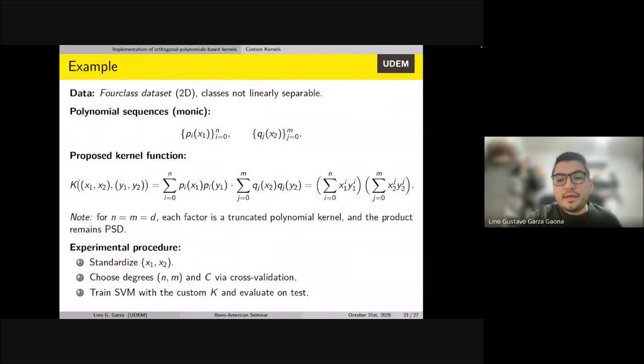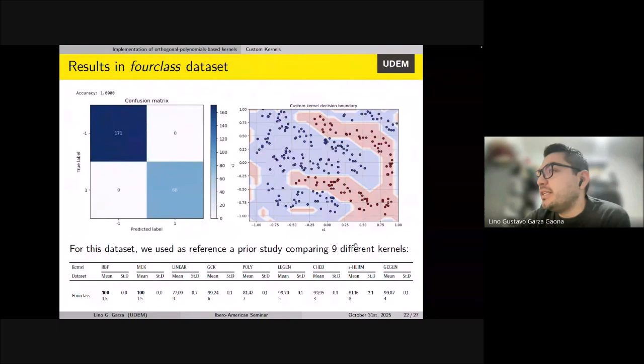You have to take one set for training the algorithm and another set to validate that it works. We use, I believe, 80% for training and 20% for testing. And we have these results.